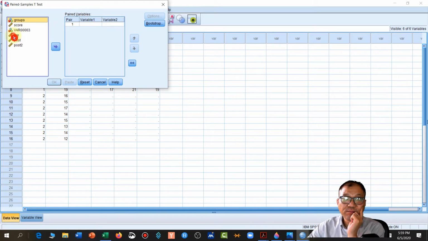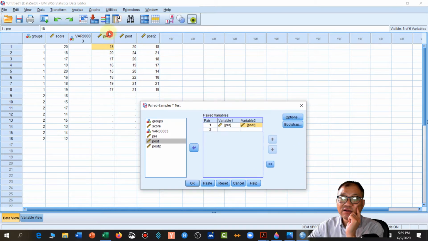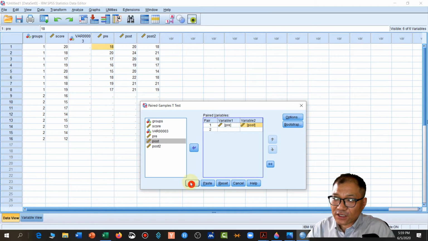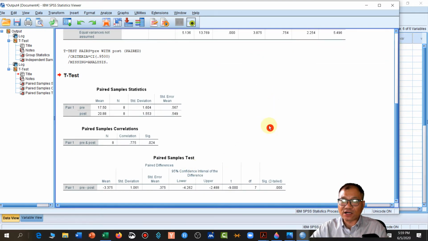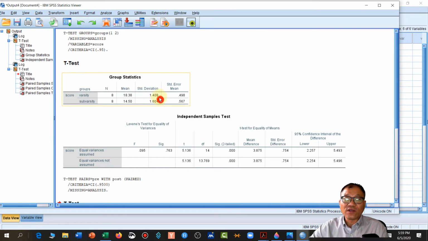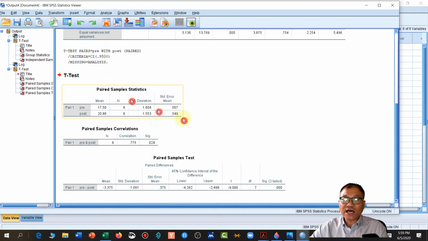So let's get started. For dependent t-test, go to Analyze, go to Compare Means, and now you gotta choose Paired-Samples T Test. So I already moved. So once you click that option, you will see the new pop-up window, right? So now you need to compare paired scores.